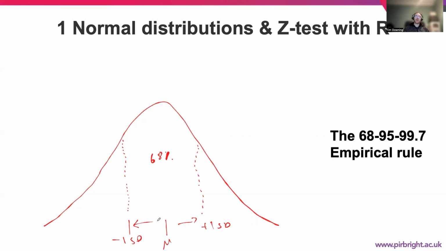And if we travel one standard deviation further on in my very approximate cartoon version of this, that's minus 2 SD, and this dotted line represents plus 2 SD. That in fact corresponds to 95% of this area, and that corresponds to the empirical rule written over there.